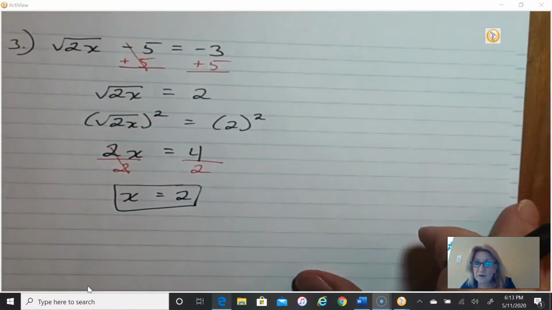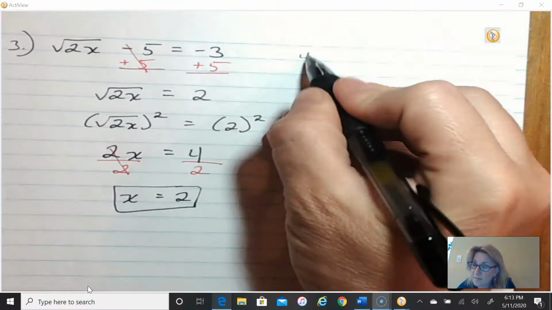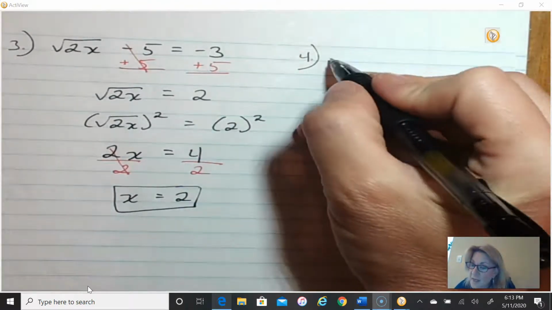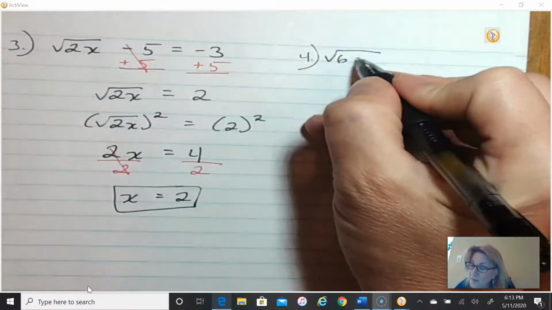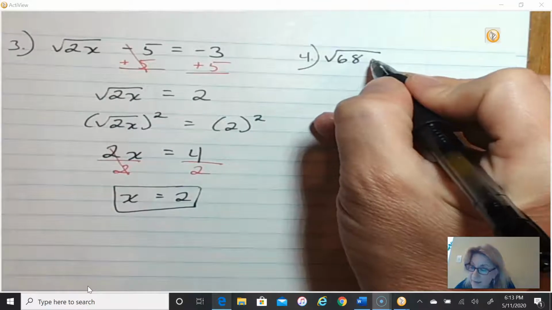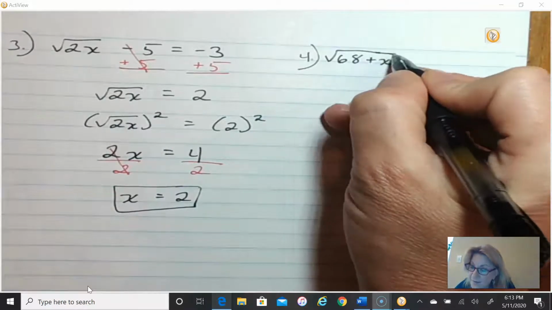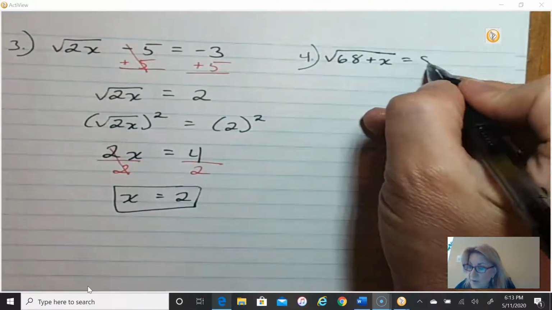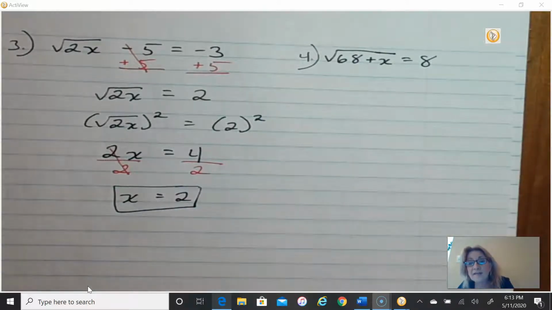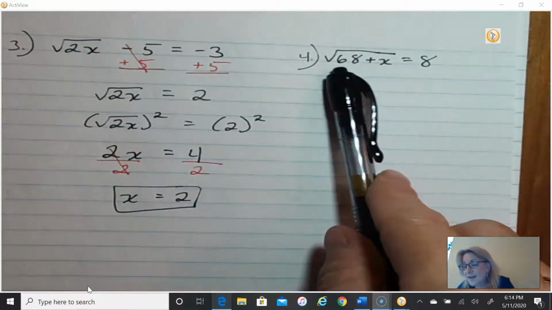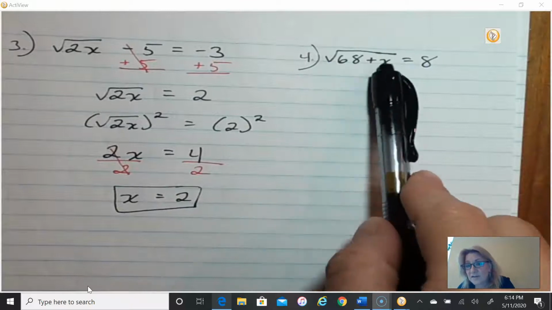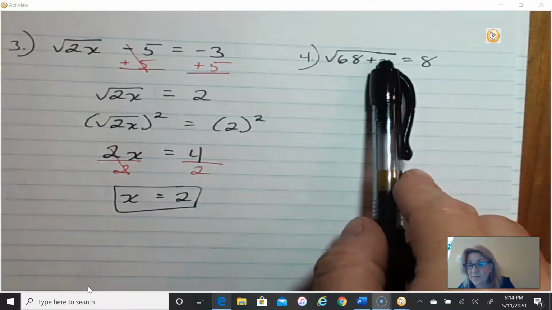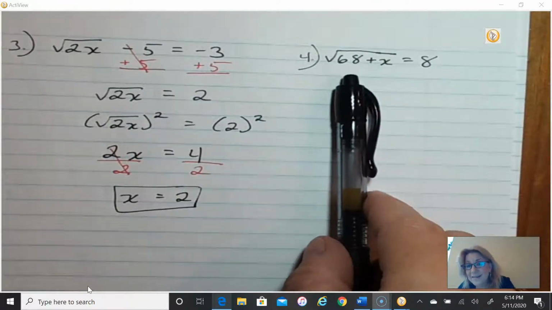All right, I'm going to do 4 right here. Squeeze it in. Okay, so I have the square root of 68 plus x equals 8. All right, so guys, notice that all of this is under the radical sign, right? So we have already isolated the radical.